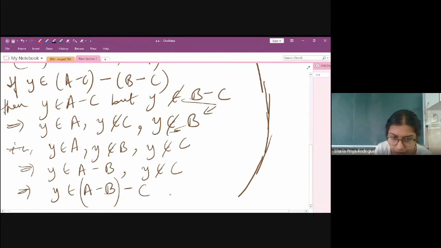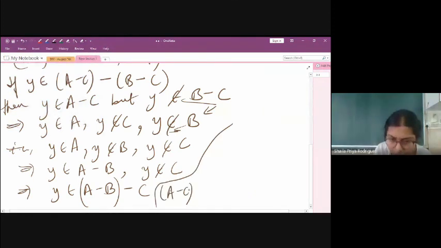The second set, which was (A − C) − (B − C), is a subset of the first set, which is (A − B) − C.